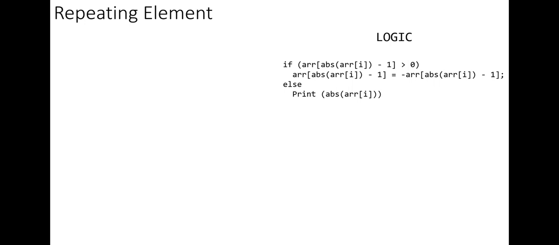You can see array of I minus 1 is equal to minus of array of absolute of array of I minus 1. That means if the value is positive, that is, it is encountered for the first time, we would make this value negative. Else, if it is already negative, that means it is the repeating element, and we would print the absolute of array of I. We can see this by taking an example.